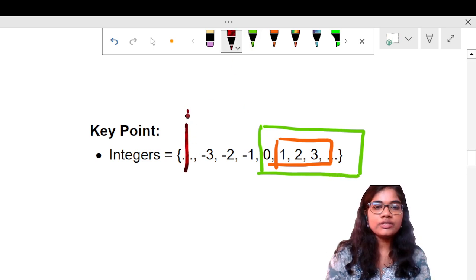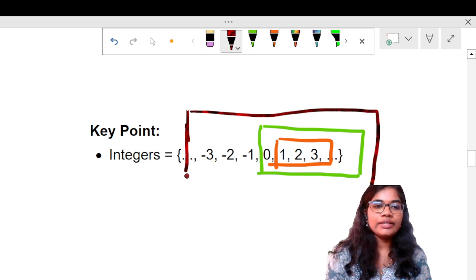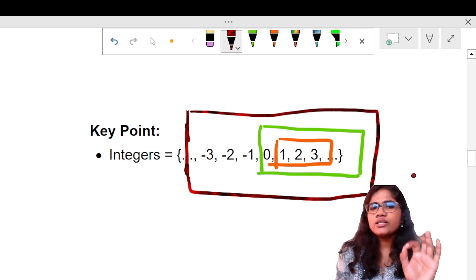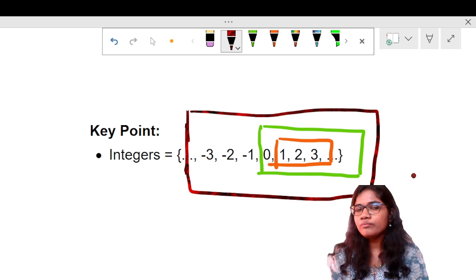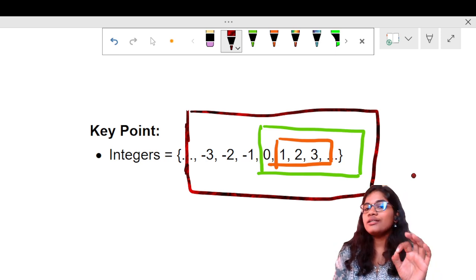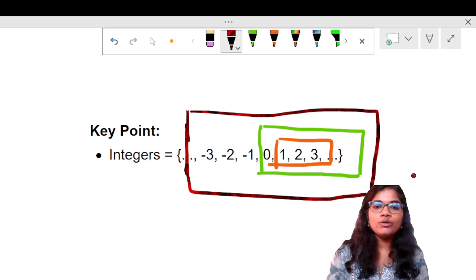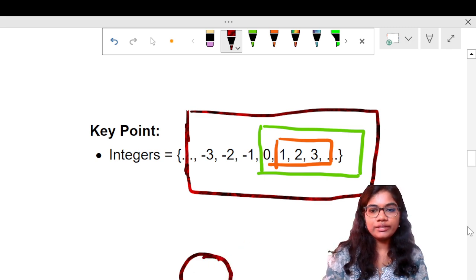And this set is called integers. Now, can I say that natural numbers are a part of the whole numbers, and whole numbers are a part of the integers? Yes. So, can I draw the Venn diagram for this? If these are my natural numbers, right?